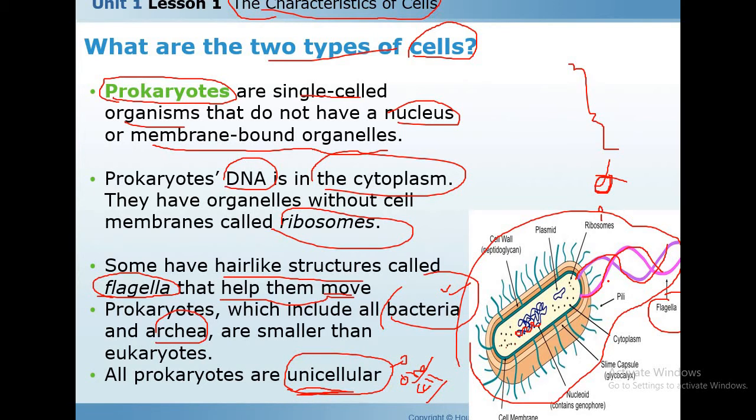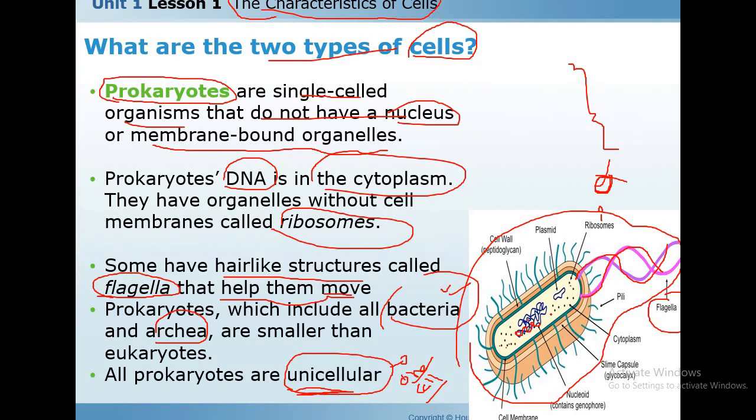Prokaryotes have flagella, a hair-like structure to help them move, and do not have a nucleus. No nucleus inside the prokaryote cell, so the DNA of prokaryotes is present in the cytoplasm.